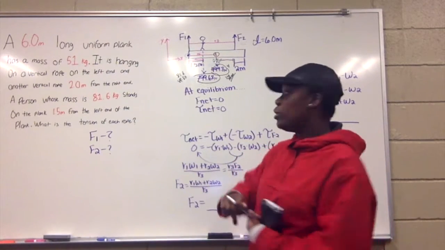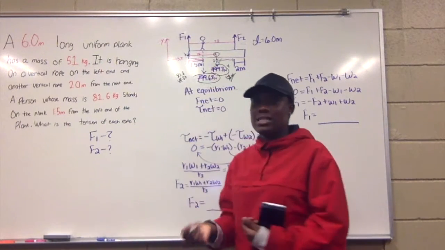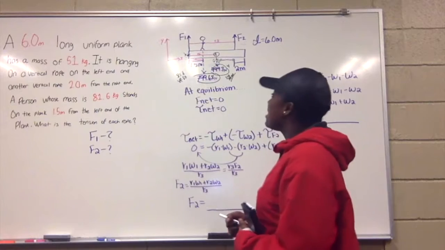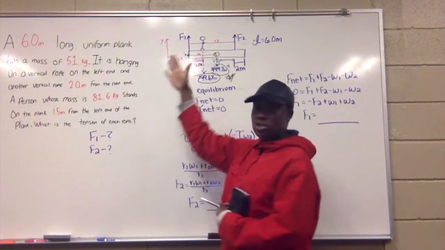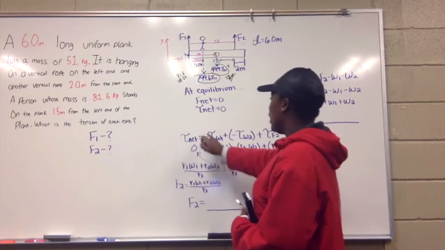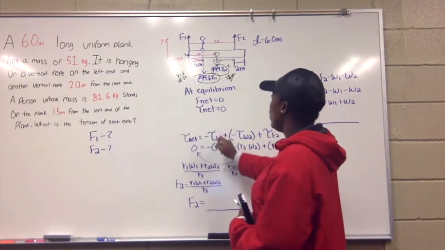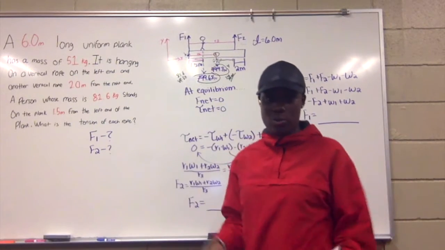Our pivot point, we found it here on the left side because it's convenient, so that we can set the F1 tension 1 equal to 0. So we got torque net equals negative torque of weight 1. We set it to negative because it's going clockwise, also because it's going down.